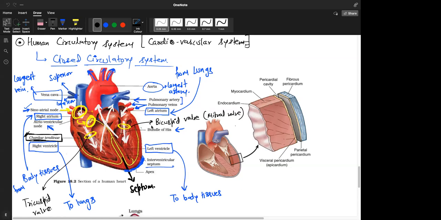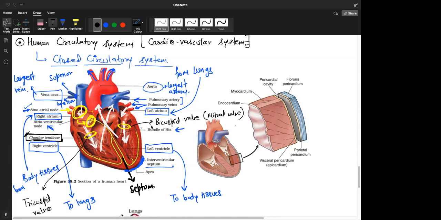But here you want it to open in one direction only. So what prevents these flaps, which are muscular tissues, from going in the opposite direction? That is chordae tendineae. When it tries to go back, it shuts down and cannot go beyond that.